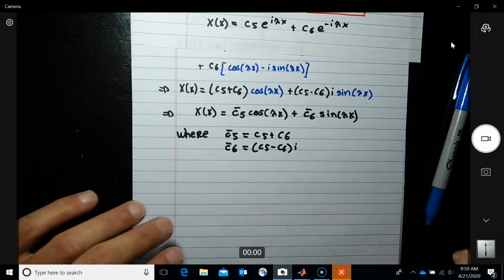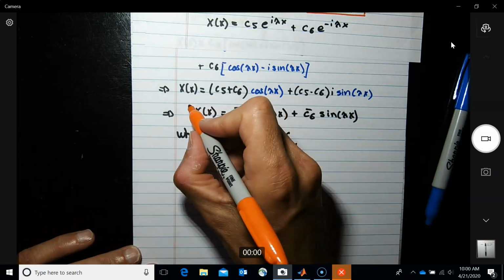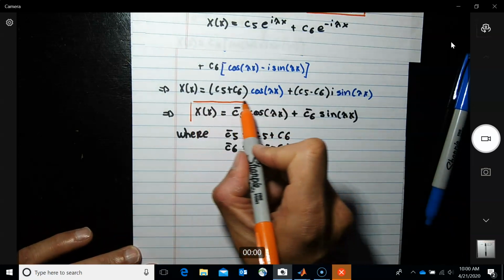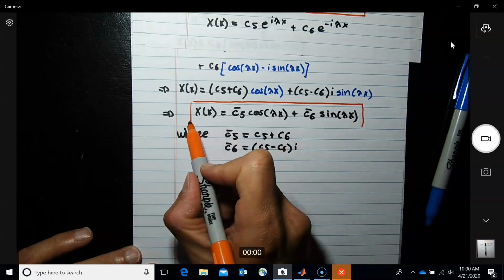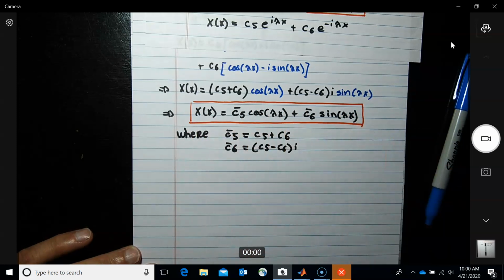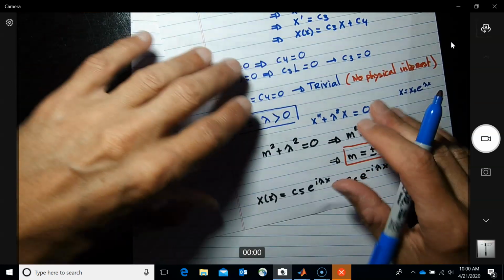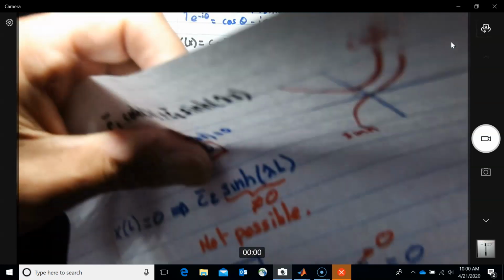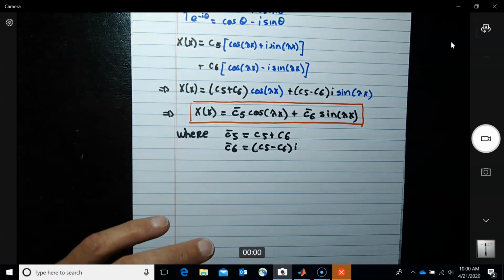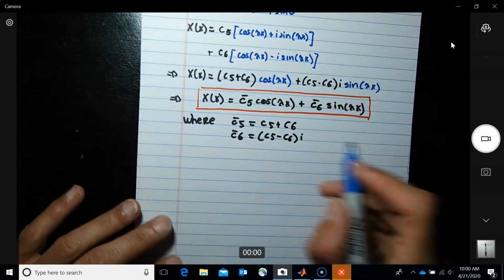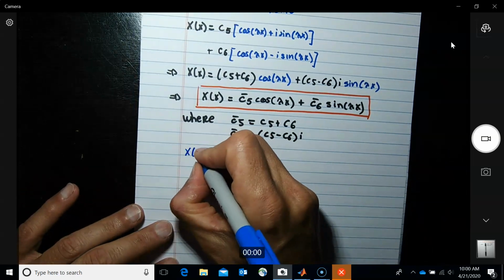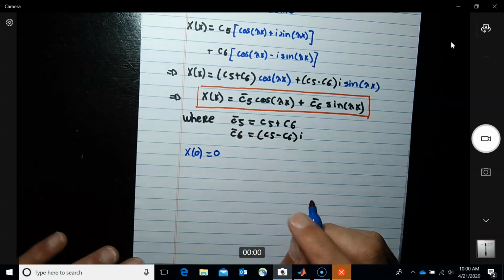Okay, so now this should also satisfy the boundary conditions. So we know that we need to have X of 0 equal to 0.